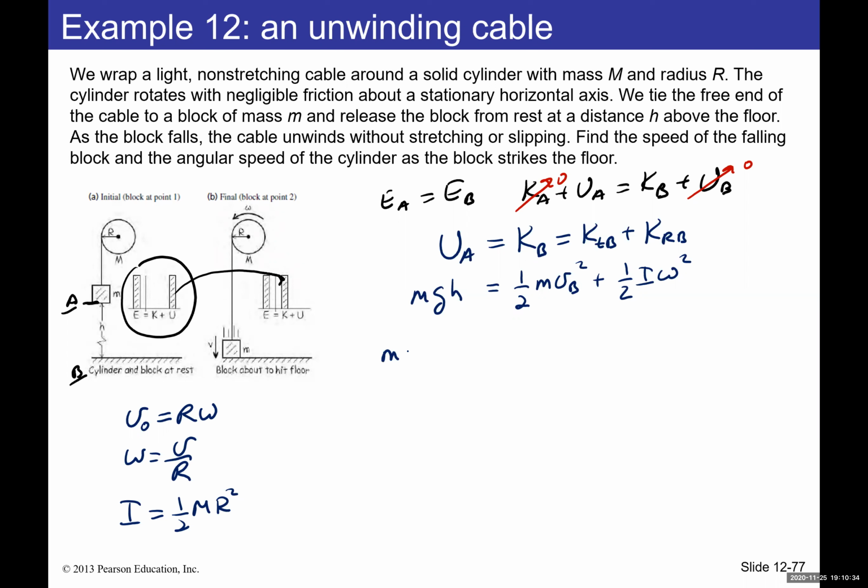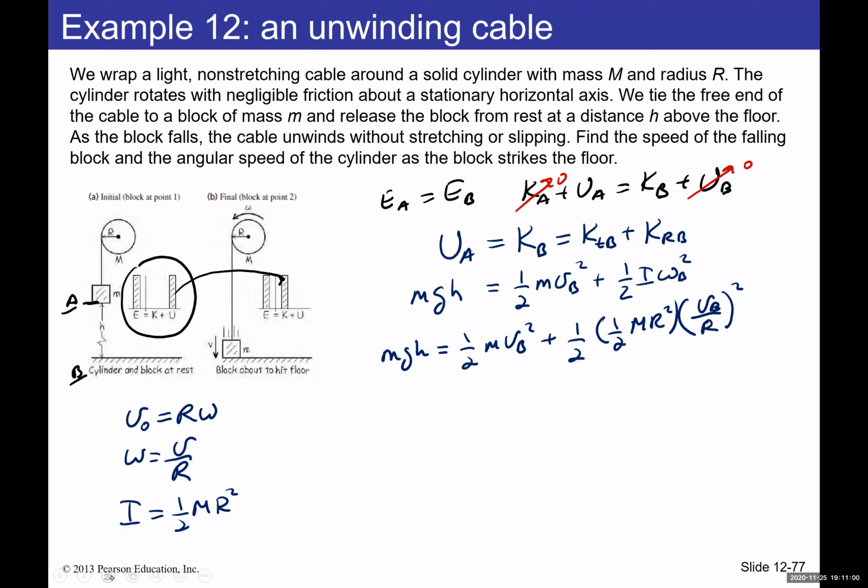That means I can say mgh is equal to 1/2 m vb squared plus, this is also technically vb, 1/2 moment of inertia written as 1/2 M r squared, then angular velocity written as v over r, squared. Again, this is v at b.